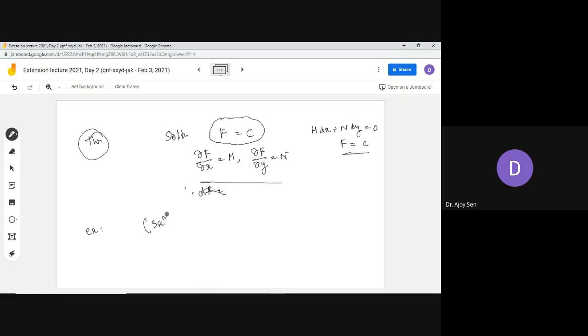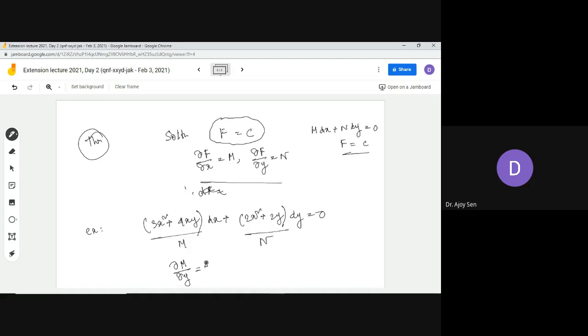I can give you an example of this type: 3x square plus 4xy dx, and 2x square plus 2y dy equals 0. You see at once this is M, this is N. Let us check del M del y.